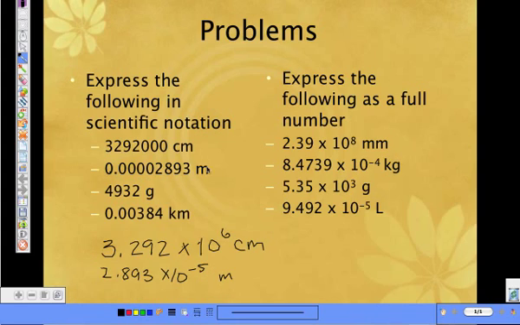Negative, because this one's a really tiny number, so our exponent's negative. 1, 2, 3, 4, 5. Okay, how about the next one? It only says 4.932 times what?